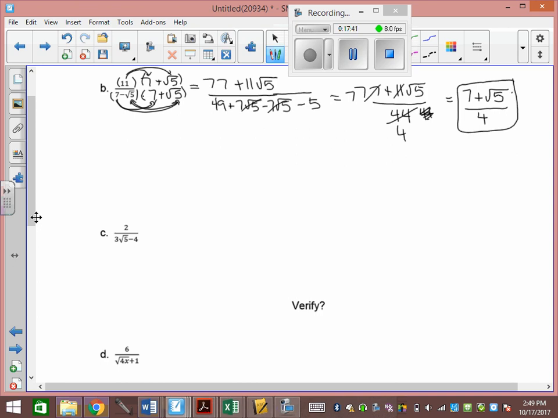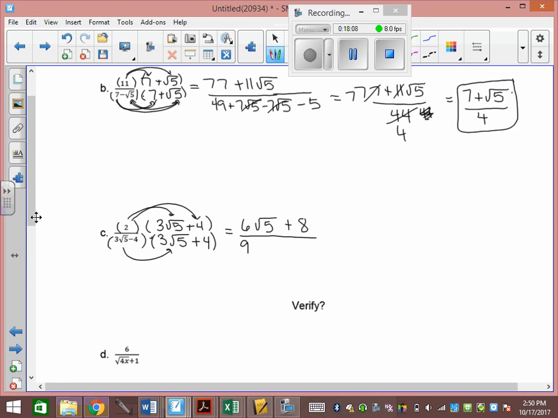C, we're going to multiply by 3 root 5 plus 4. So 2 times 3 root 5 is 6 root 5. 2 times 4 is positive 8. Over 3 root 5 times 3 root 5 is 3 times 3, which is 9.